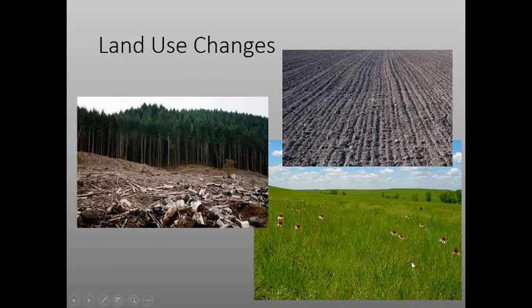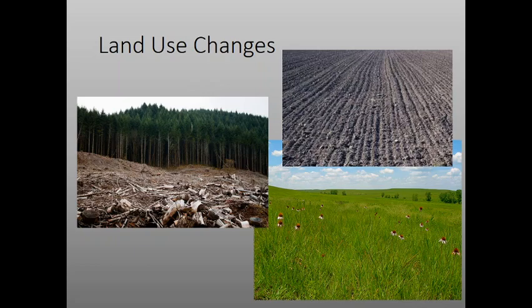Now the same thing is true if you take a prairie and plow it into farmland. What plants do is take carbon dioxide and put it into their tissues, right? So a grassland, where the majority of the biomass of a plant is underground, means that it's taking carbon dioxide from the atmosphere and pumping it essentially underground.